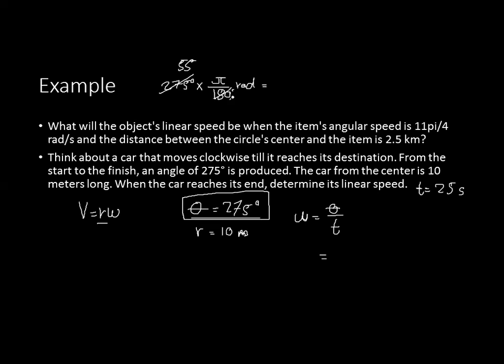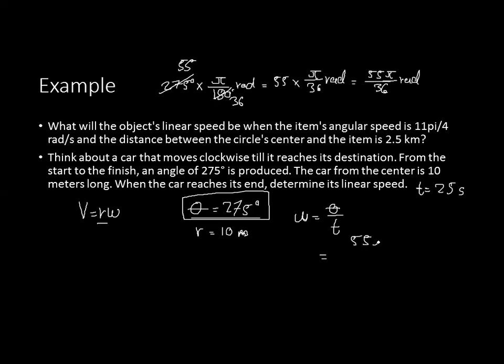I think this is already simplified. 55 divided by 36, yes, this is already in simplified form. So we have 55 times pi all over 36 radians. So the answer here would be 55 pi all over 36 radians.